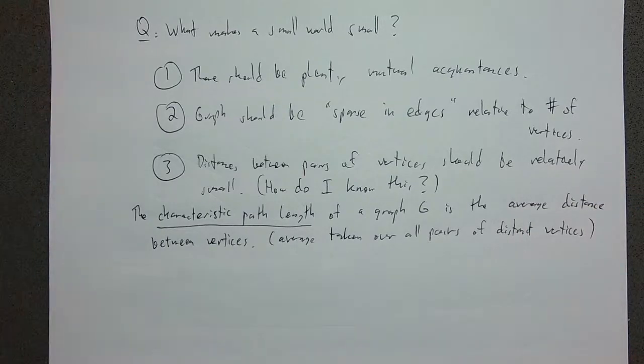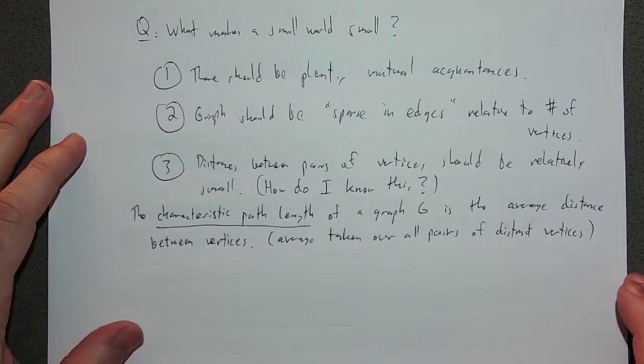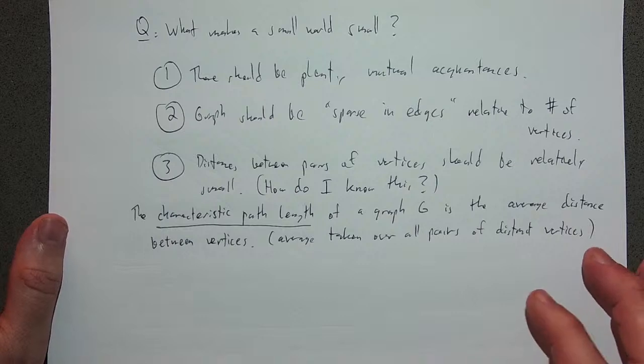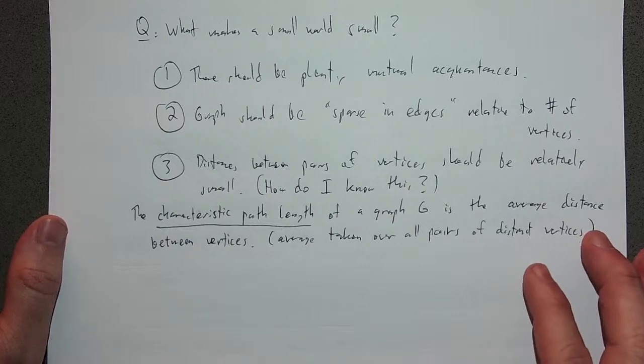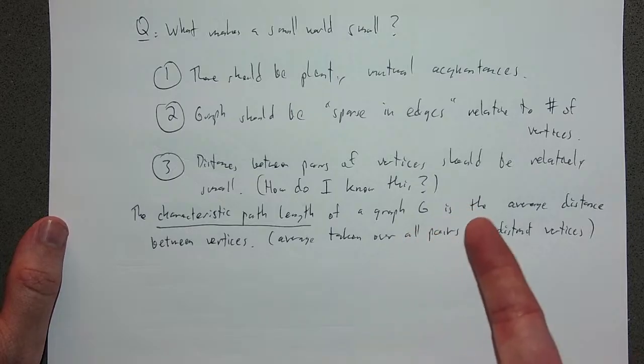Of course, if two vertices are not adjacent, that distance is not going to be 1, right? So here, what sort of thing am I doing here? So I have a graph of order n.